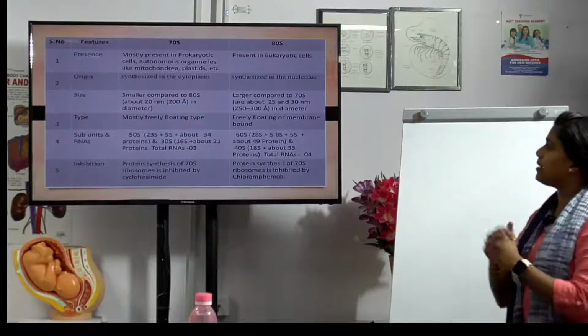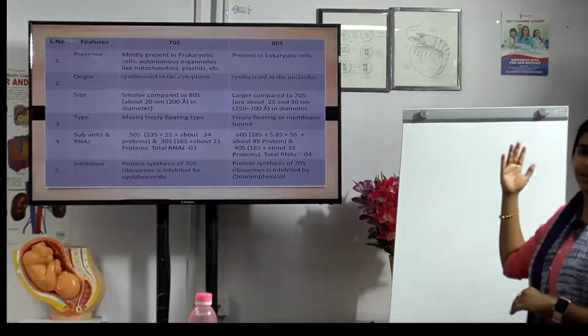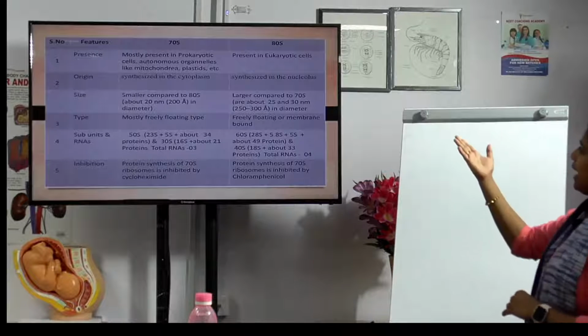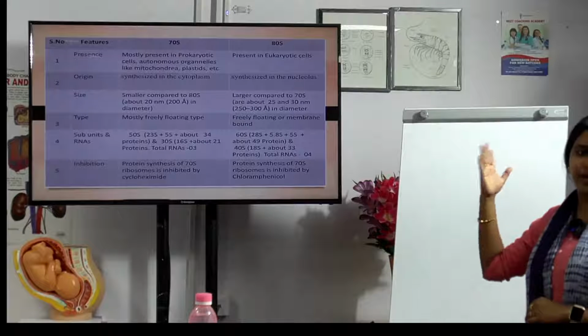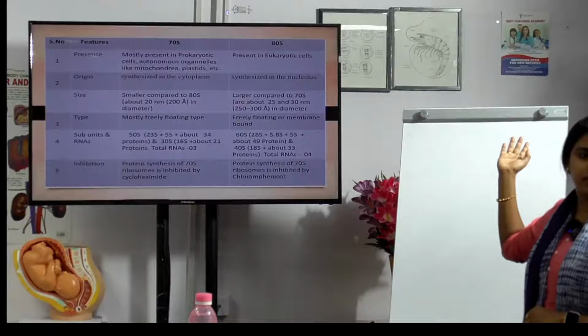Presence வந்து இவங்க எங்க presence in prokaryotes and other cells like autonomous organelles, mitochondria, plastids. இங்க வந்து only in eukaryotic cells, and இங்க synthesized in the cytoplasm, but whereas 80S வந்து it is synthesized in nucleus.